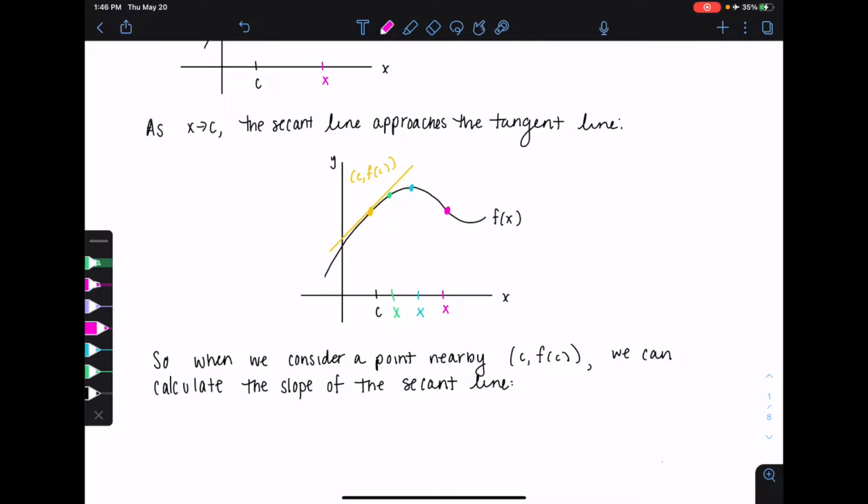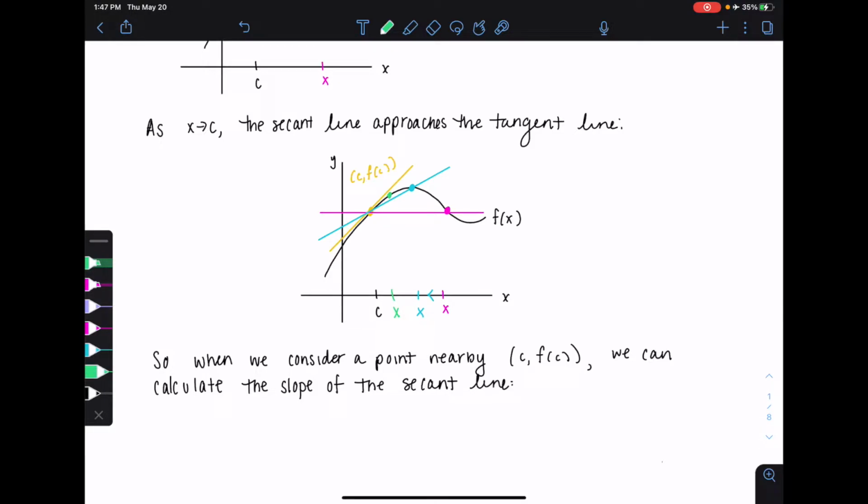So first, if I go through this point that's furthest away, that pink one, that's going to give me an approximation that's not so great to the tangent line. But if I push this point inward and get closer to C, the Y value would be up here. Connecting those two dots, I get a better looking line.